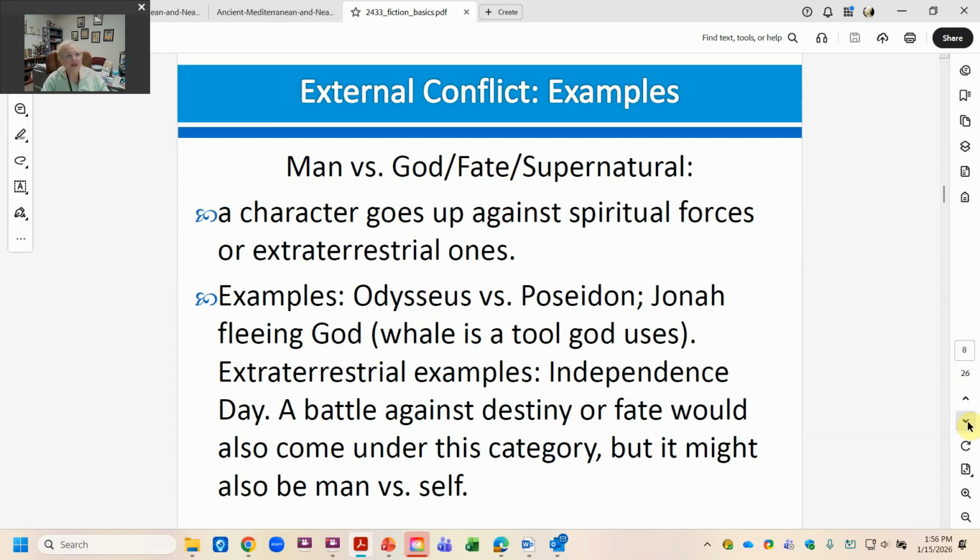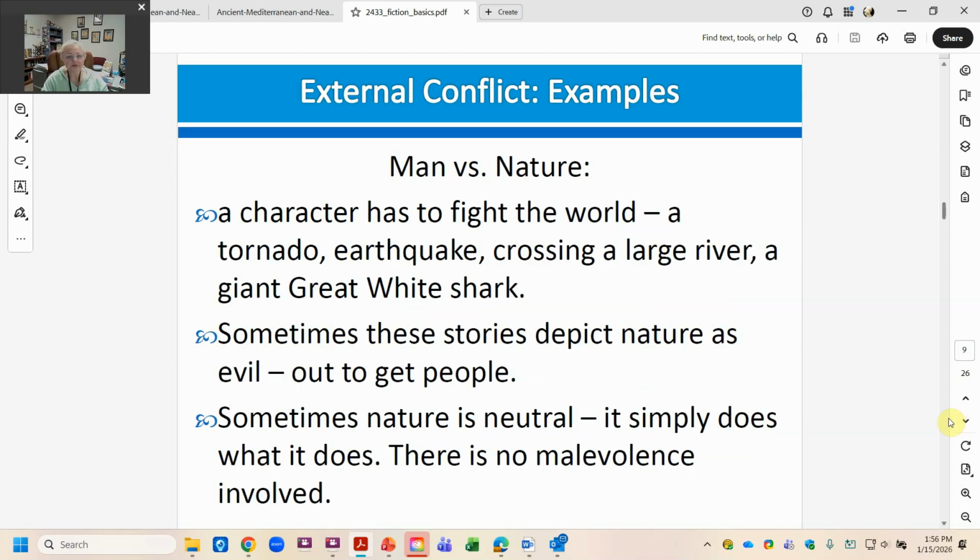If he is battling against his fate because he is afraid, then is it really battle versus fate, or is it self? So again, these are things that we can argue about. These are things that we can have a difference of opinion about, whether it is this or it's that. And we just bring evidence from the story and our own reasoning. And we might have different interpretations, but they both are equally valid.